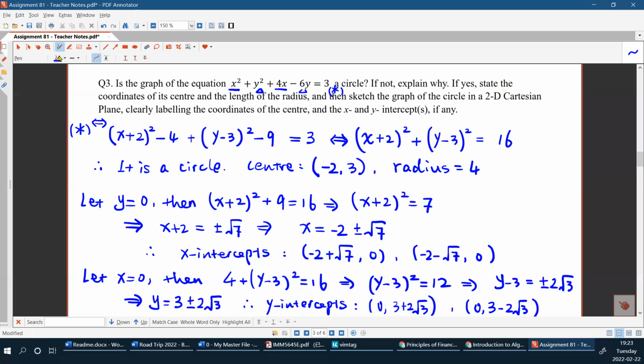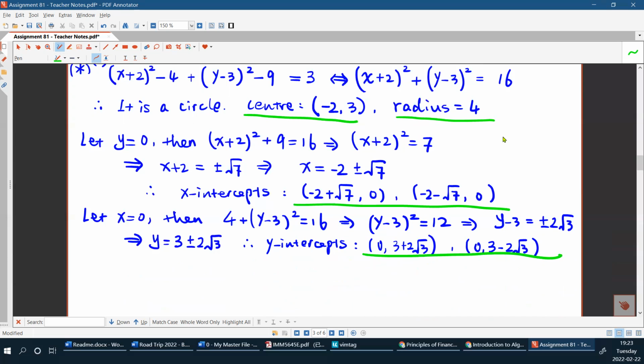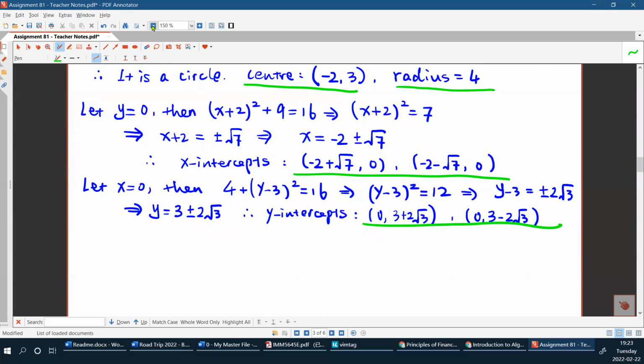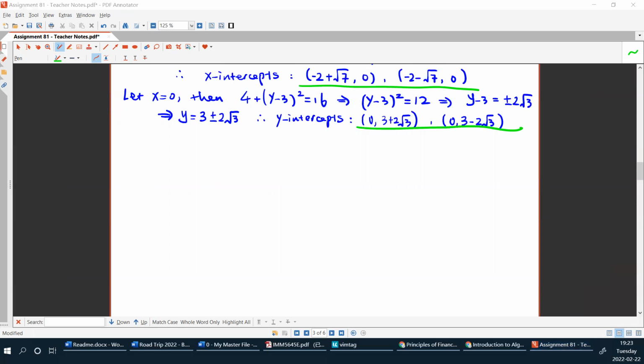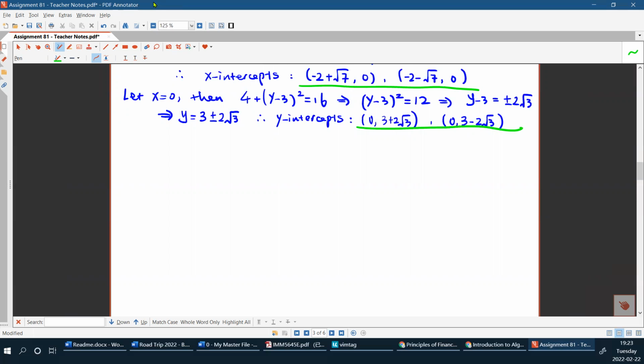Okay, now we have all the key information here: center, radius, x-intercepts, y-intercepts. Then we can sketch the graph. X-axis and y-axis.